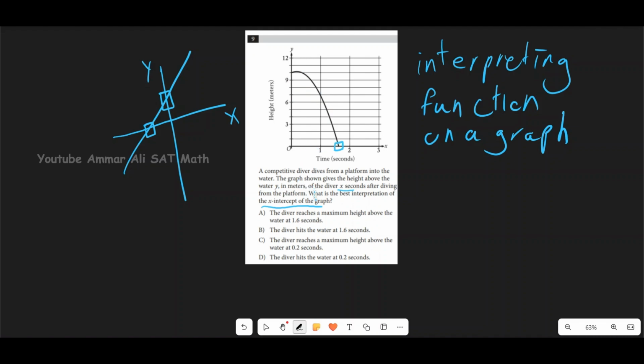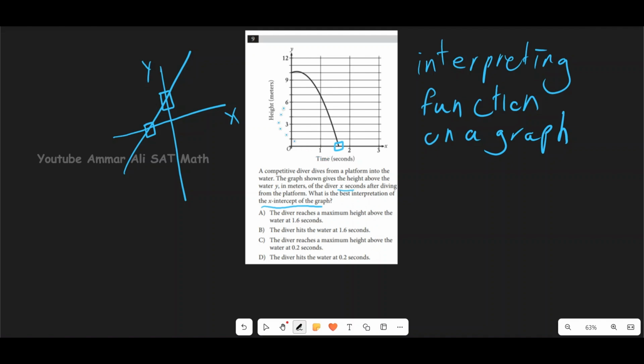So what are they asking us to interpret? What does this x-intercept mean? We know that at a particular time, the diver is at some given height. When it touches the x-axis, we know that the height is 0. So at this particular point in time, the diver had a height of 0.